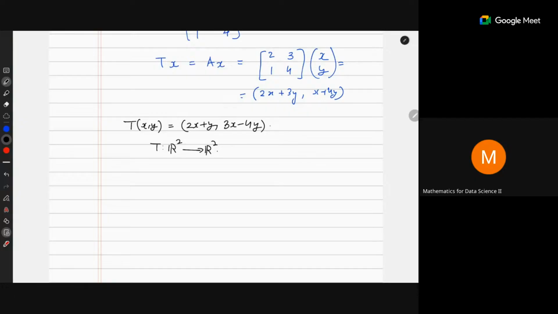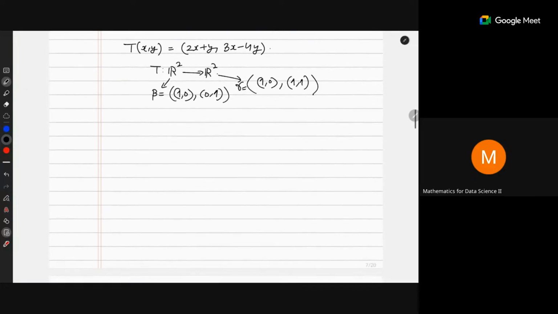Suppose the domain R2 has basis beta given by (1, 0), (0, 1), and the codomain has basis given by (1, 0) and, let's say, (1, 1). Okay, I've changed the basis. I'm not taking the standard one for the codomain.